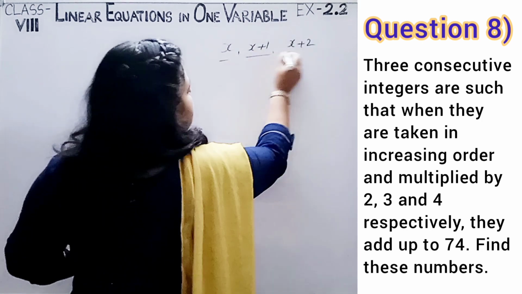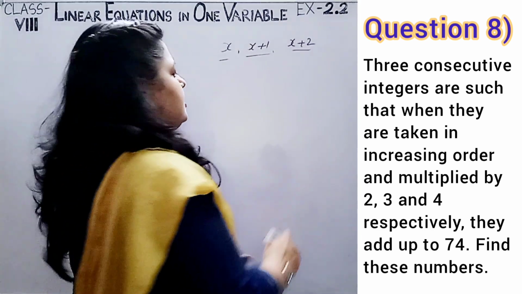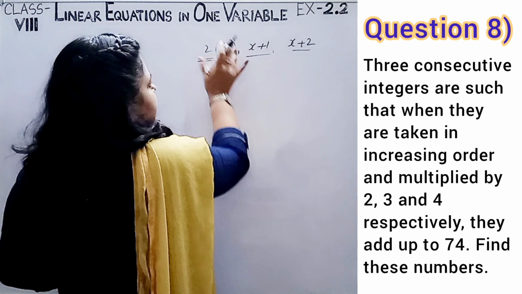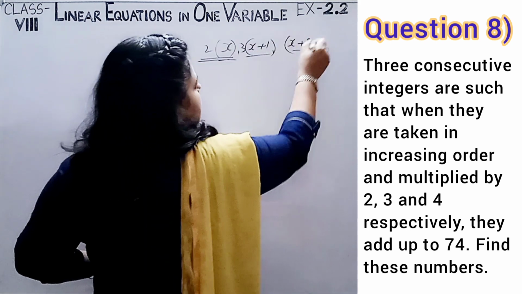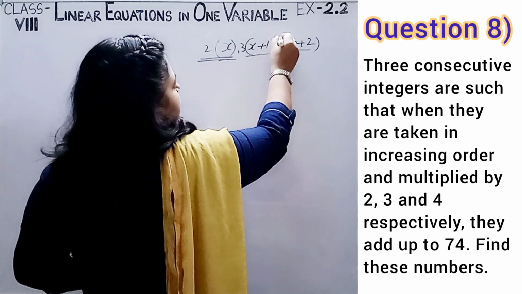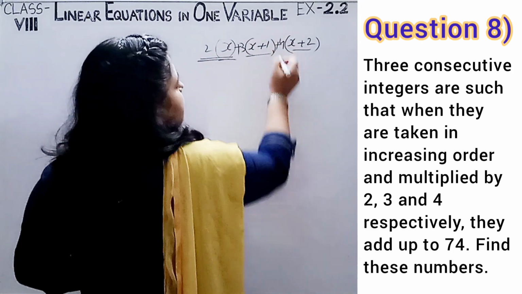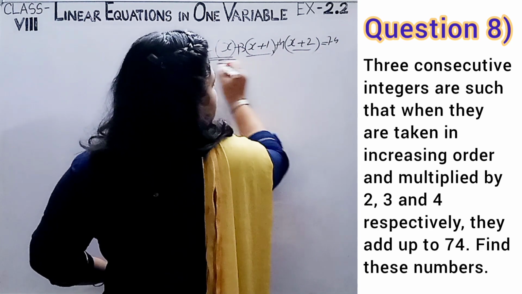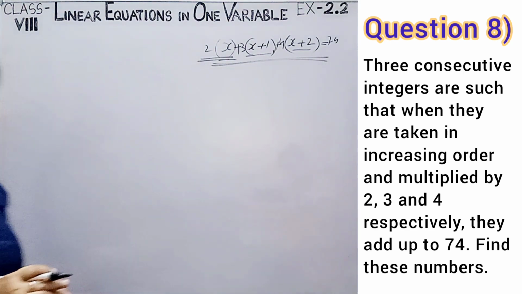Now in our question, the first number will be multiplied by 2, the second number by 3 and the third number by 4. After adding these numbers, the sum will be 74. So these are the terms and this is our equation.